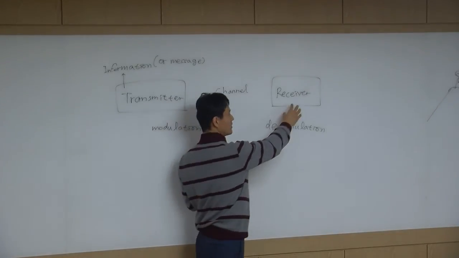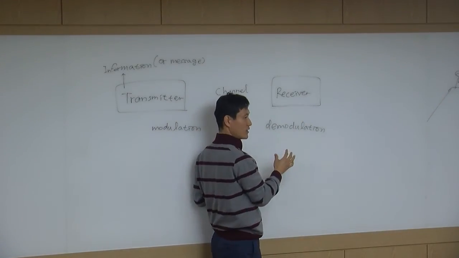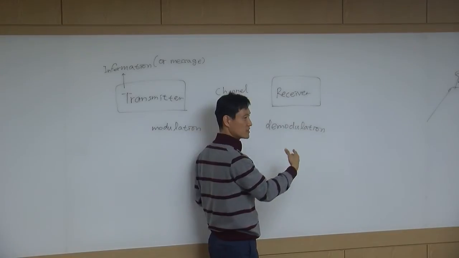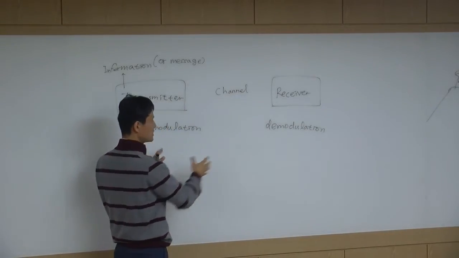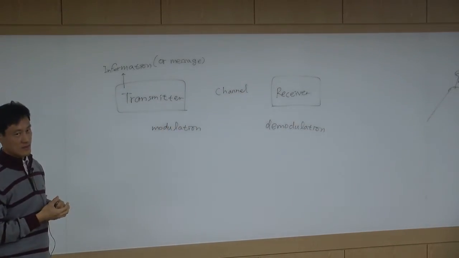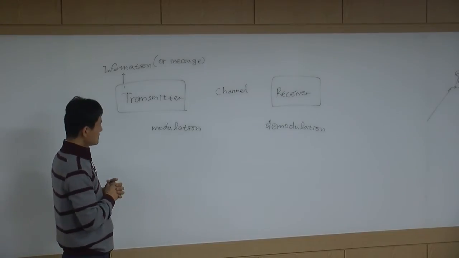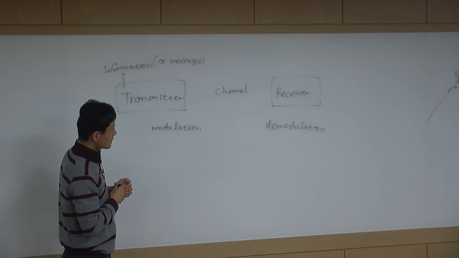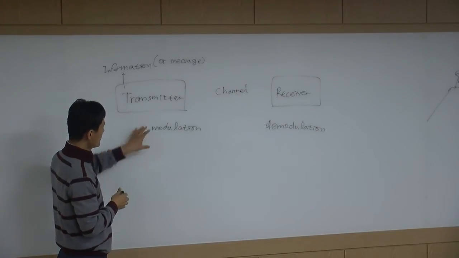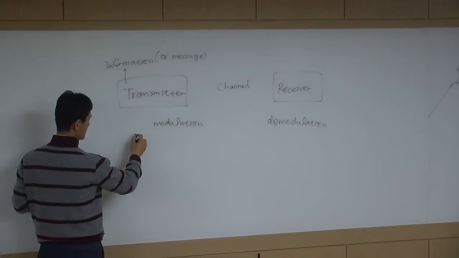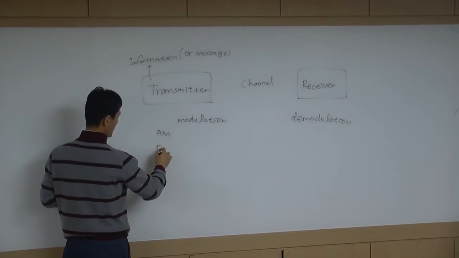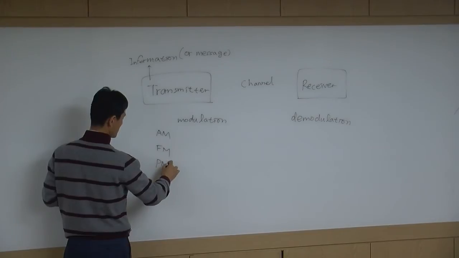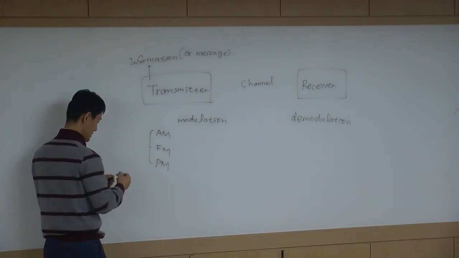Eventually it reaches the receiver, and the receiver needs to do demodulation. That's the function of modulation and demodulation. So that's the basic concept of modulation and demodulation. That's why you learn analog modulation, AM, FM, PM in analog.